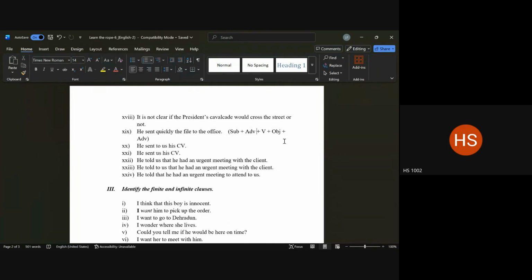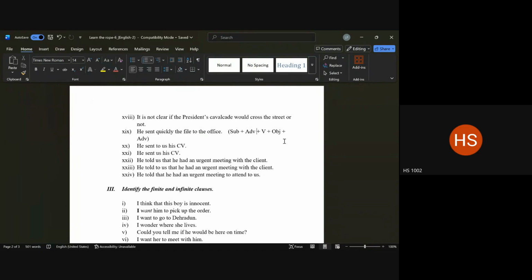It goes before, or precedes, the verb. So ideally it should be: he quickly sent the file to the office. But he sent the file to the office quickly, or he sent the file quickly to the office, is also acceptable. But this is a less commonly seen version.